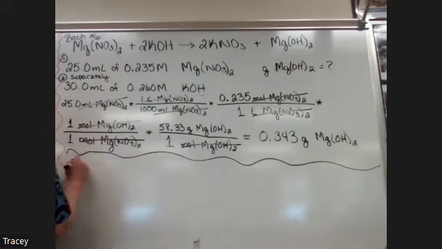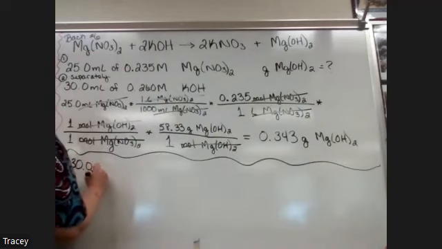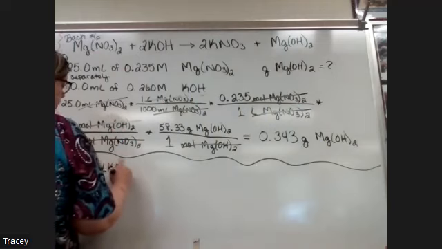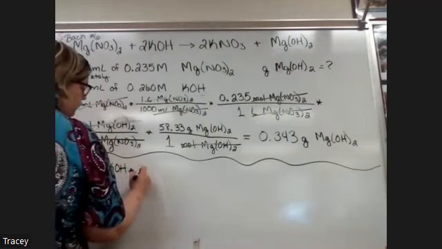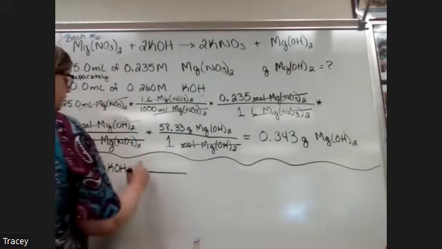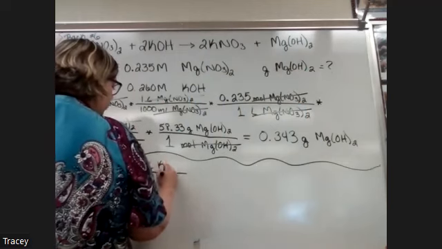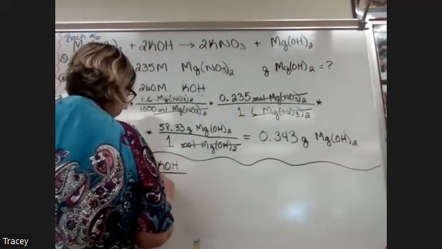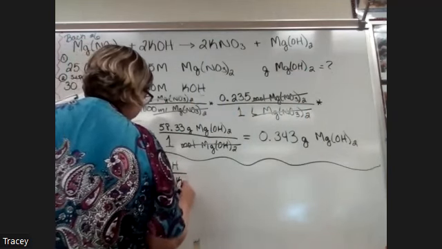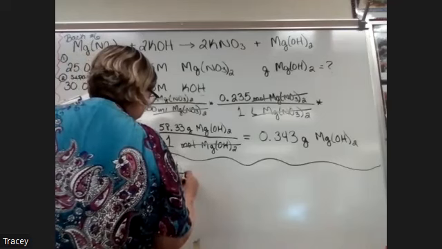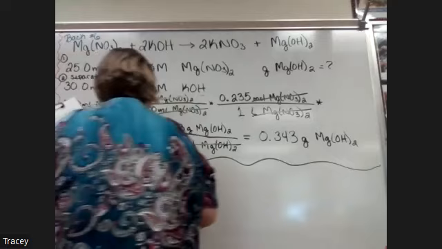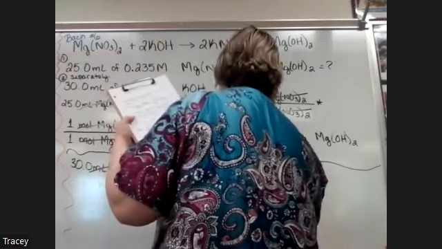So now we're going to have 30.0 milliliters of KOH. We have to convert to liters, so it'll be 1 liter of KOH over 1,000 milliliters KOH. That cancels out milliliters, gives us liters.